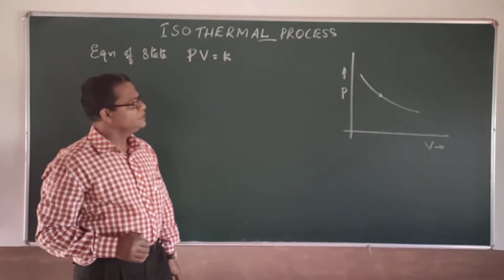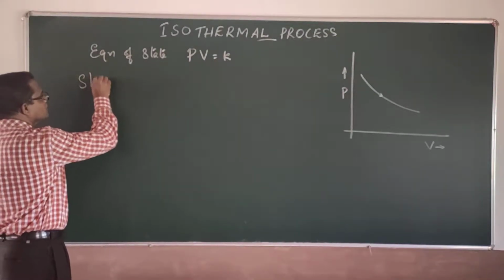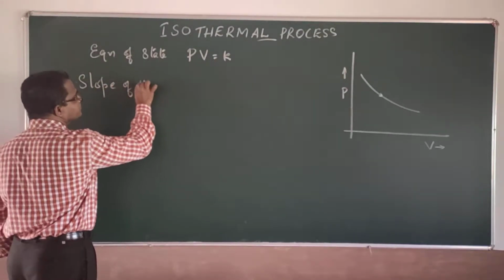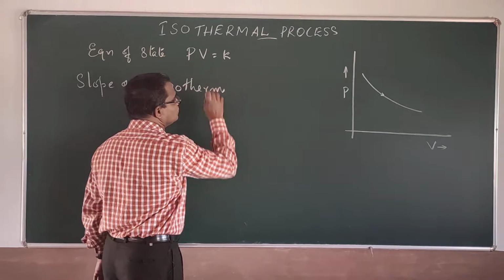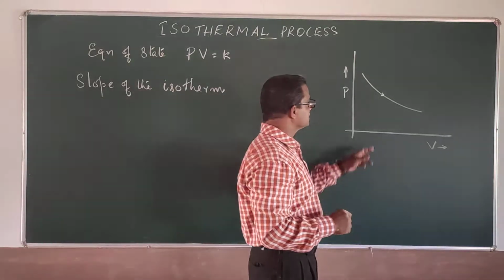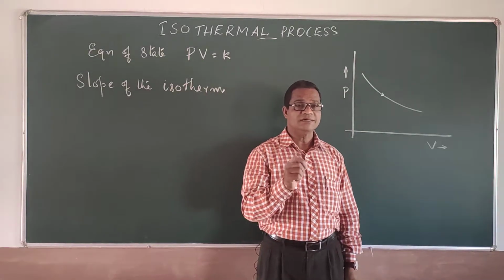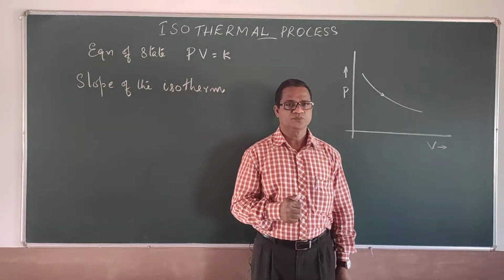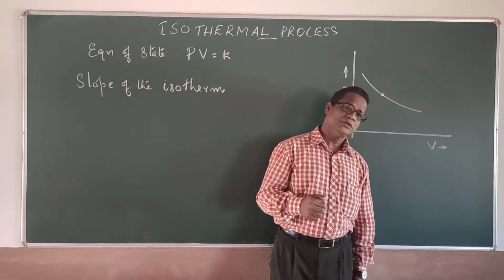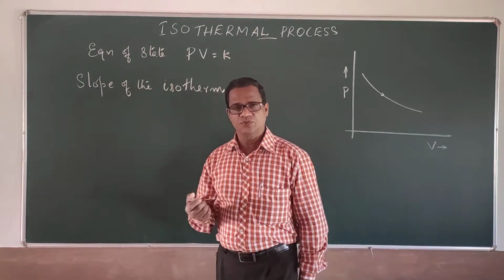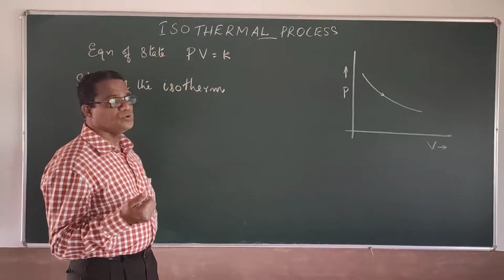Then the next thing is the slope of the isotherm. What is an isotherm? An isothermal curve is called an isotherm. For the slope of this isotherm, you cannot draw a triangle and find it out as you usually do from a graph. It's not possible here, so we must go mathematical.